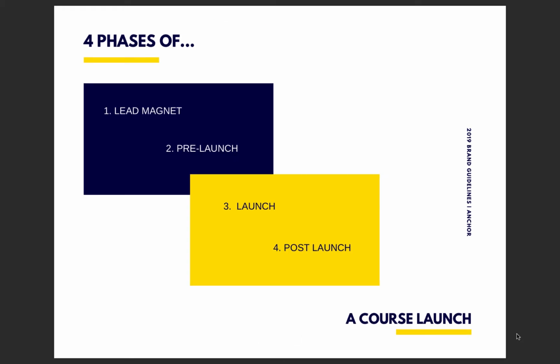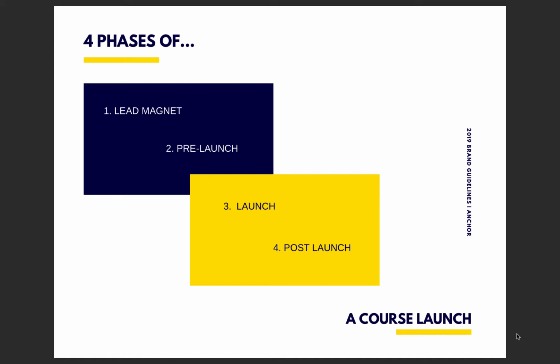The 4 phases of a course launch. All right, you got your lead magnet, you got your pre-launch, you got your launch, and you got your post-launch. Your lead magnet is your ad copy, or the offer that you're giving your potential customers or students to entice them into signing up for your course.